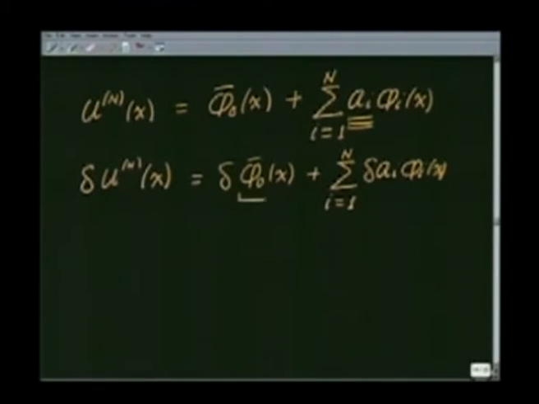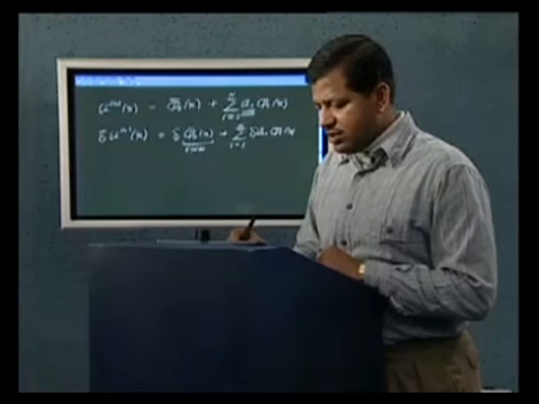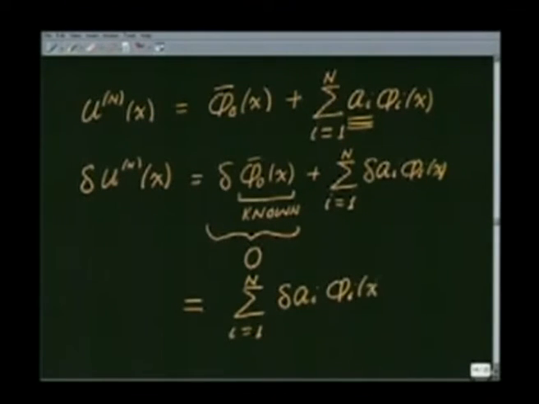Now phi 0 of x is a known fixed function, so the variation of phi 0 of x is 0. So the variation of un is nothing but summation from 1 to n of variation of ai phi i of x.